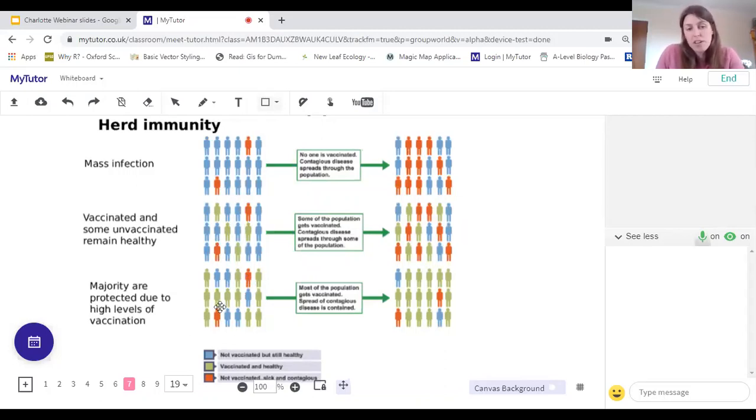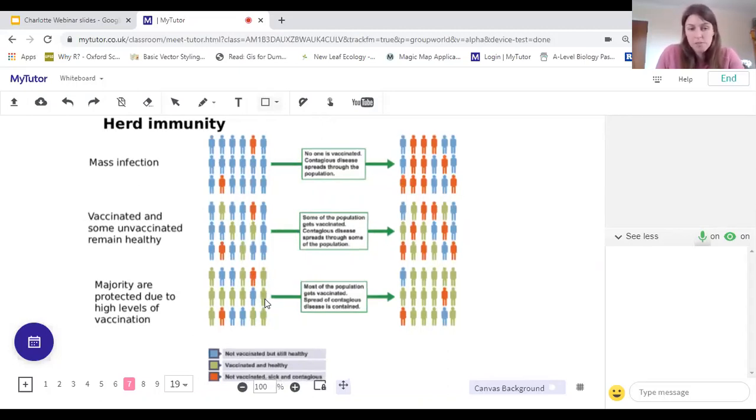However, if you vaccinate a majority of the population, like in this third scenario, lots and lots of green people here, that means that the spread is contained. So without us all being 2 meters apart, we've got enough people who are vaccinated acting as barriers that they can protect some of those not vaccinated but healthy people from the not vaccinated, sick and contagious.